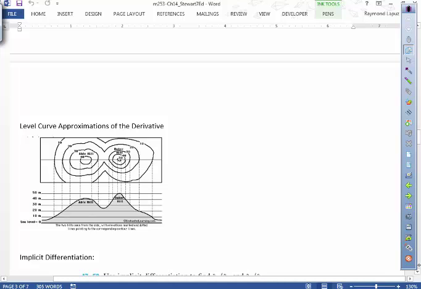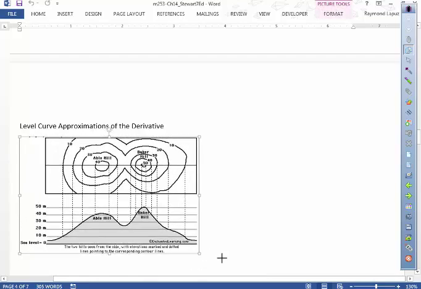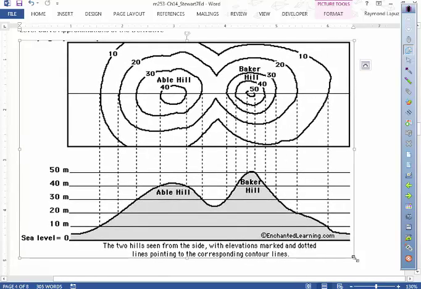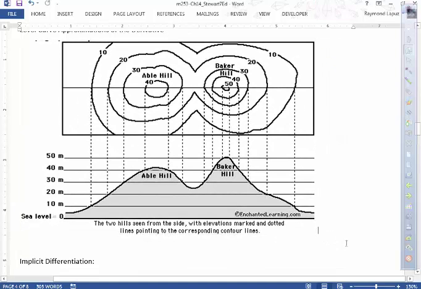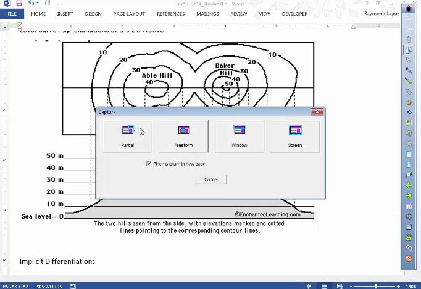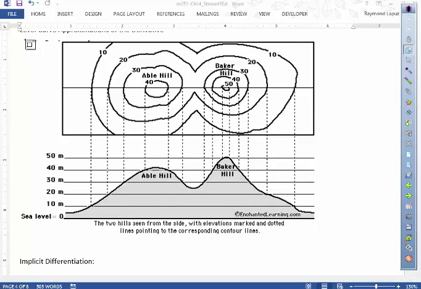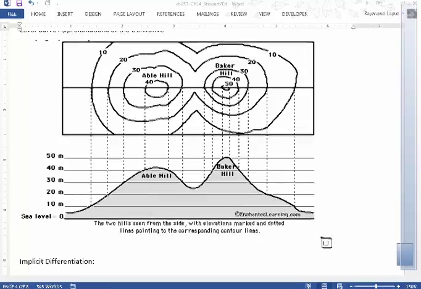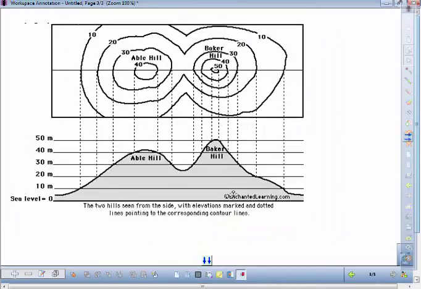Level curve approximations. So I found this picture online. It's a nice picture of a level curve and how it relates to a picture. So let's put ourselves somewhere on this hill.